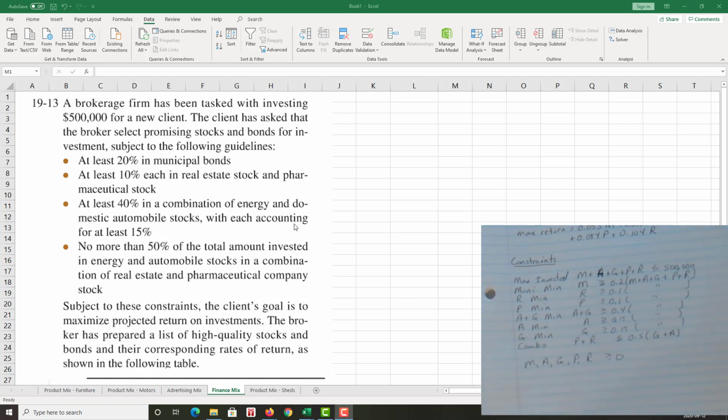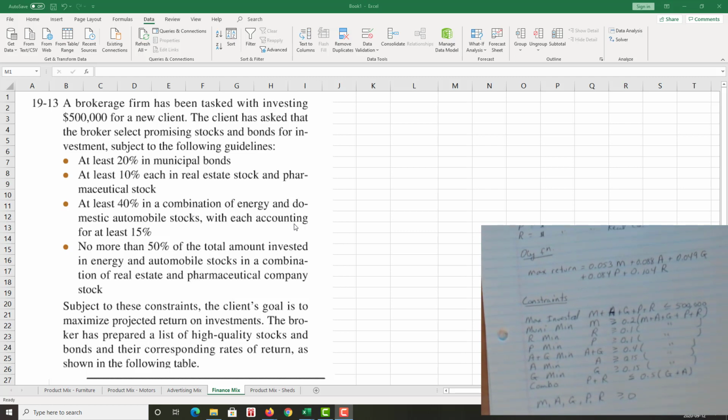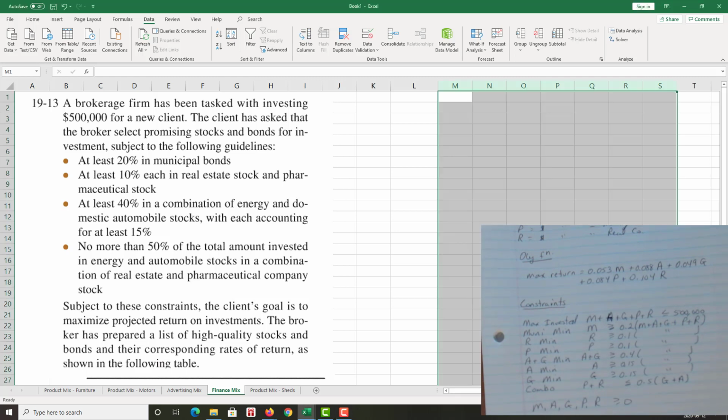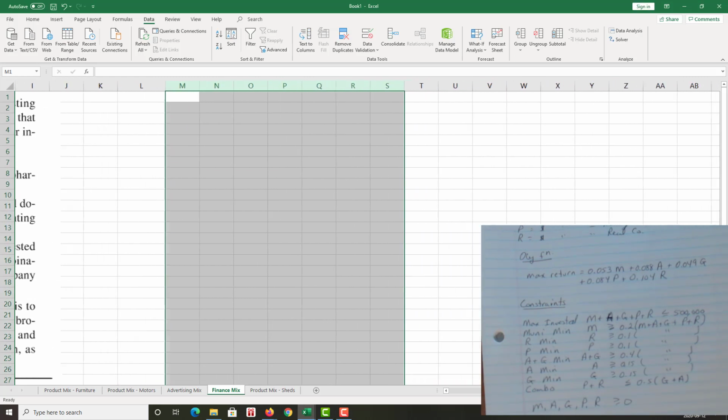Okay, so now we have our action plan, and we are all set to translate that into something that Excel can work with. We're going to keep with our standard convention. Each column represents a given variable. Let's move over.